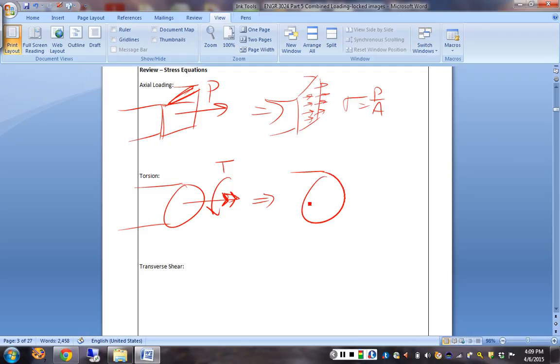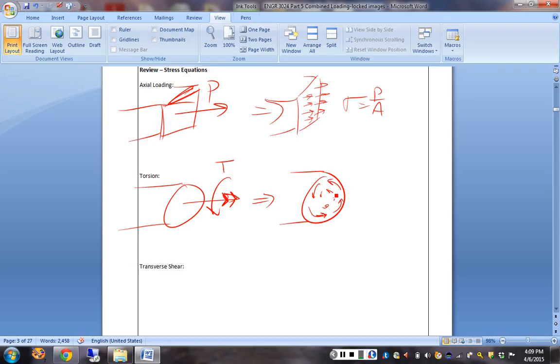What kind of stress does that result in? It's a shear stress, and it is along the face in the direction, and that's my attempt to show that it's smaller as you go towards the center.